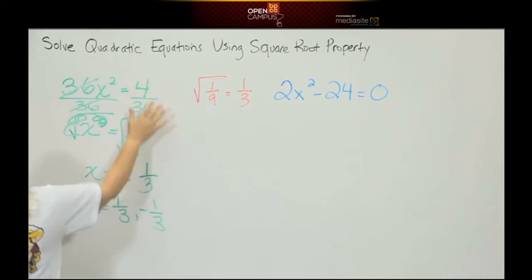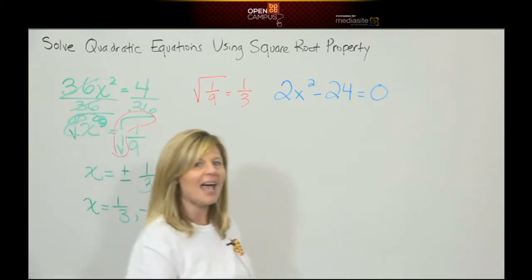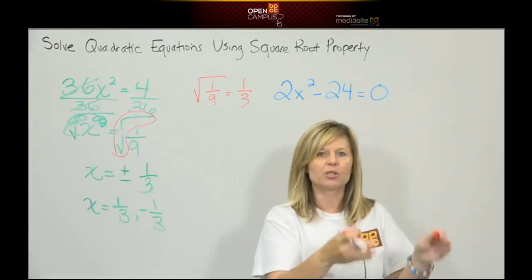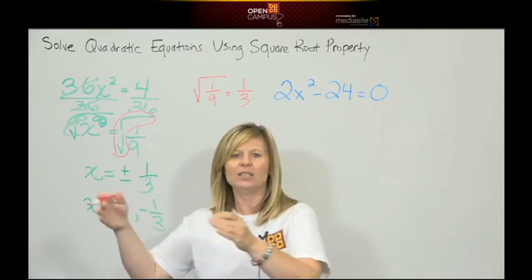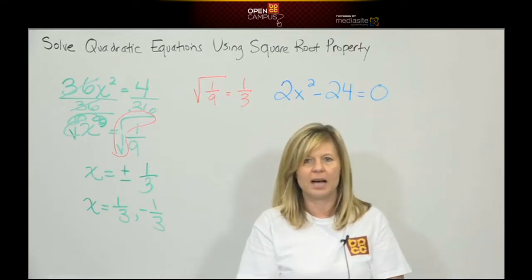However, if you look here at the original equation, there was no square root symbol. You put this symbol in. And when you put this symbol in, there's technically two answers. Because if I asked you in words, what number times itself would make 1/9? You could say positive 1/3 times positive 1/3 would be a 9th.